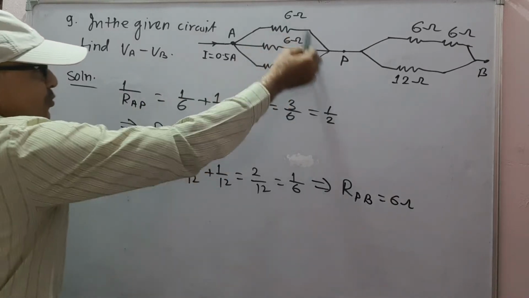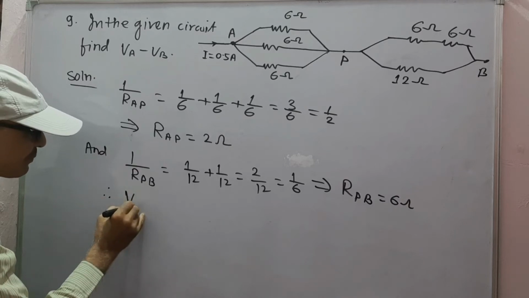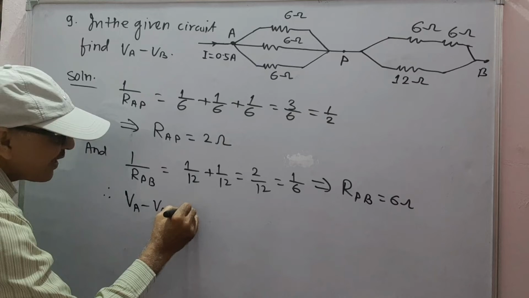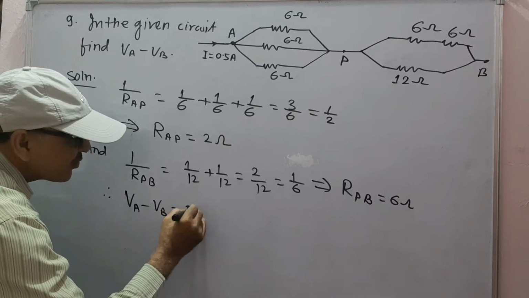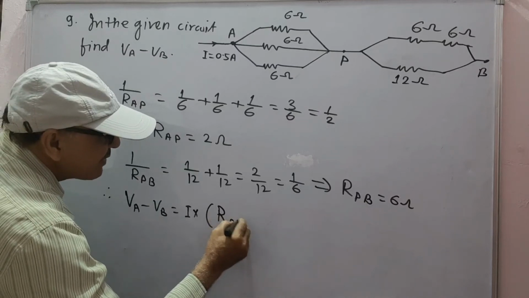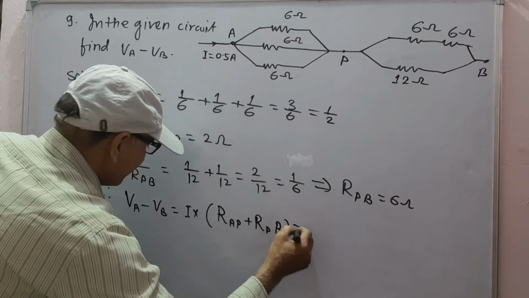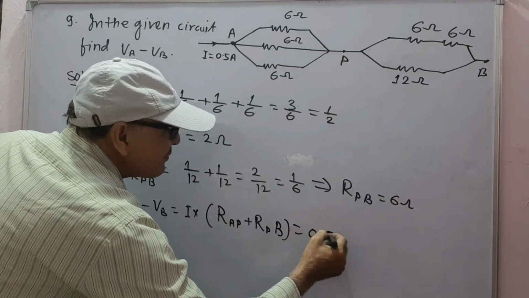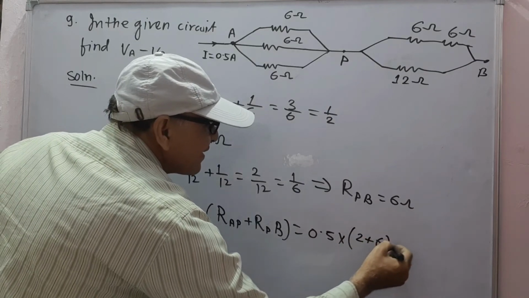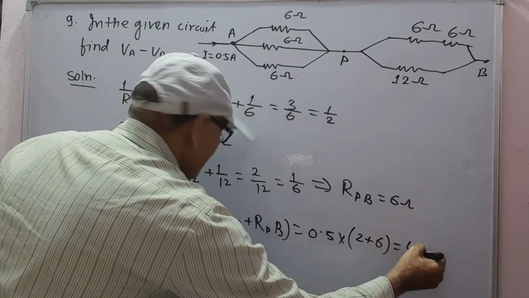Now this is 2 ohm and this is 6 ohm. Therefore, V_A minus V_B will be equal to I into R between A and P plus R between P and B, that is 0.5 into 2 plus 6, 8 into 0.5 means 4 volt.